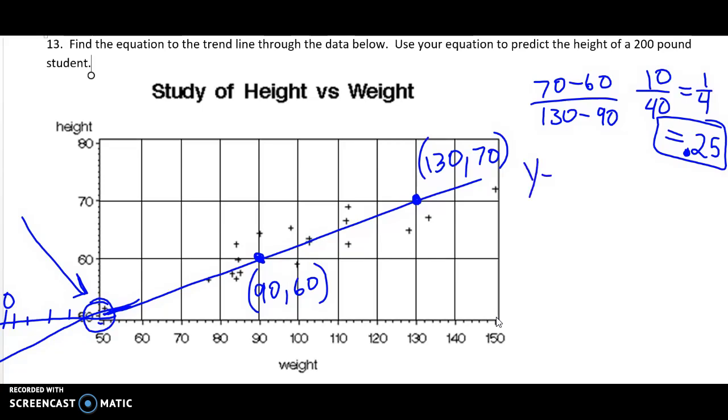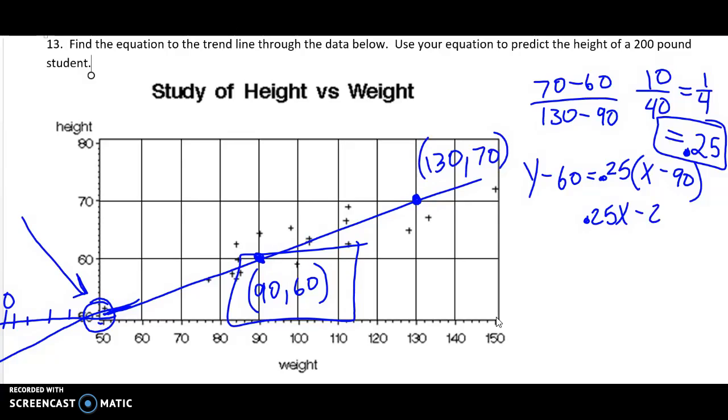Point slope formula. I'm going to use this as my point. Y minus 60 equals 0.25 times x minus 90. When I distribute, I get 0.25x minus 22.5.